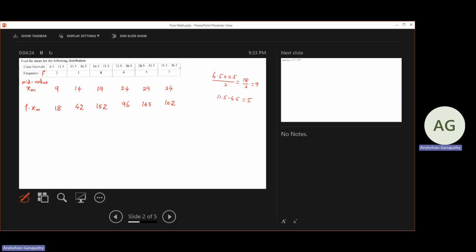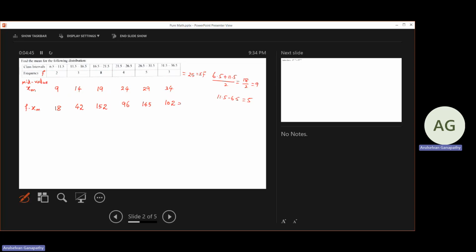What we have to do? We have to total all these frequencies. How much? 2 plus 3, 5, plus 8, 13, plus 4, 17, plus 5, 22, plus 3, 25. This we call sigma f.